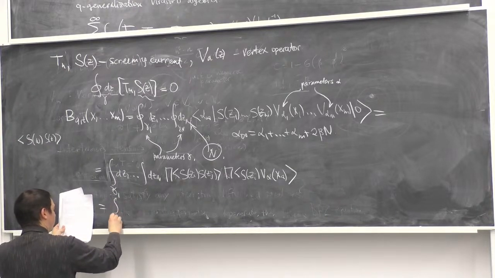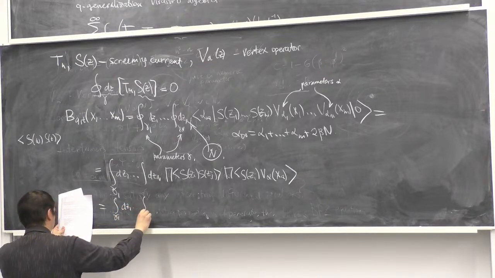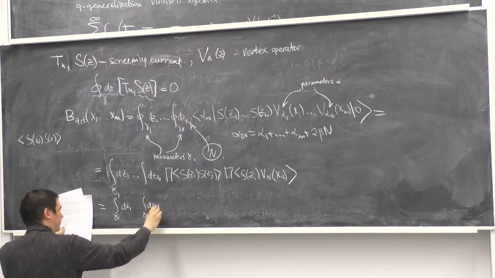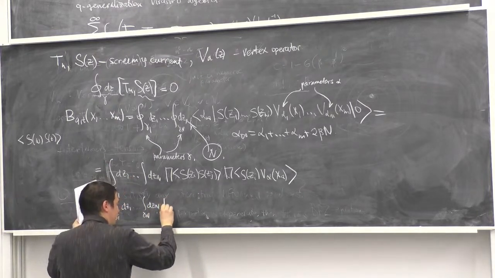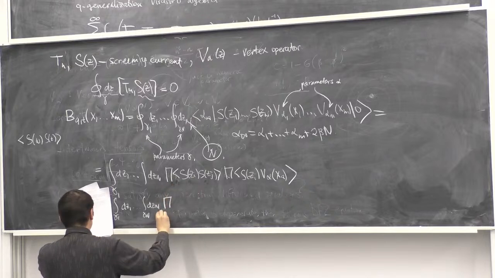You get an integral over contours gamma 1, ..., gamma n. Then there is a product of two-point functions between the screening charges.